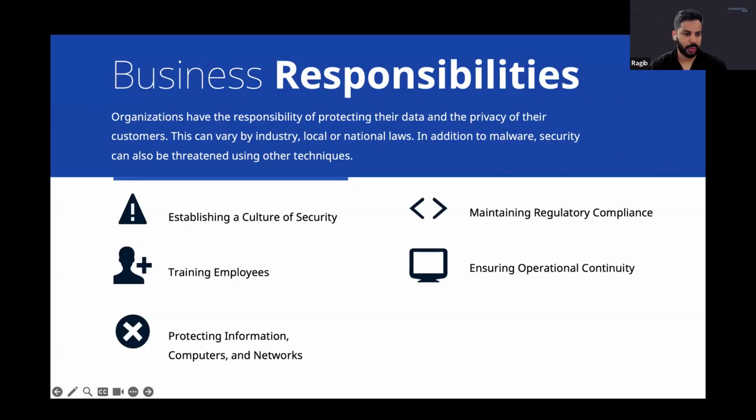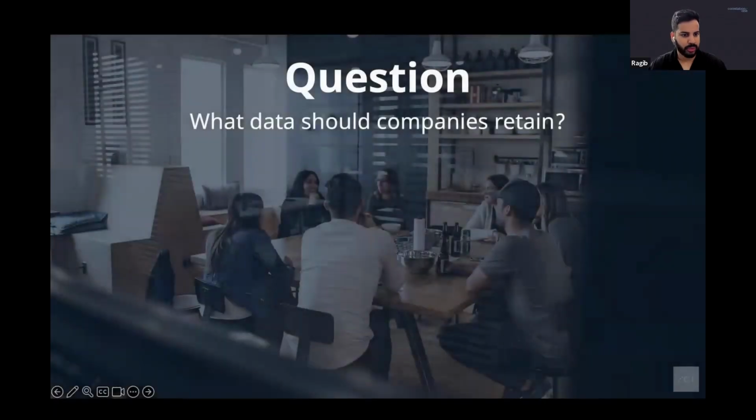Okay. So now I just have a quick question for the chat. What do you think the companies should retain? What kind of information do you think that the companies should keep, right? So what do you guys think? What kind of data should the company be saving in their databases?